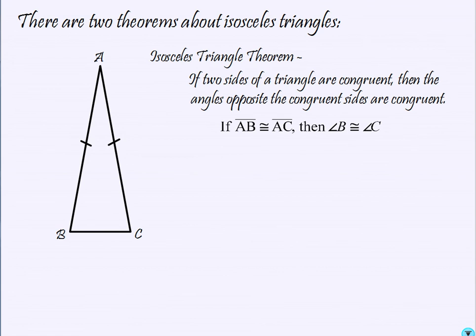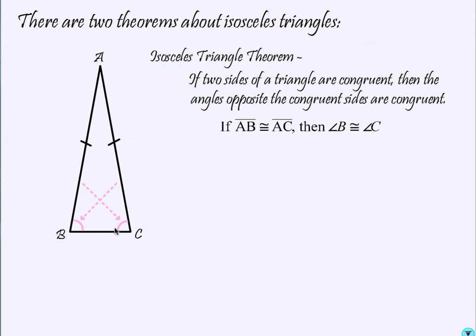So let's take a look at what that actually means. That means that if AB and AC are congruent sides, if 2 sides of a triangle are congruent, then the angles that are opposite those 2 sides, otherwise known as the base angles, are congruent.